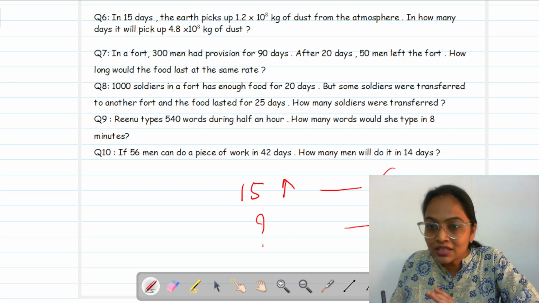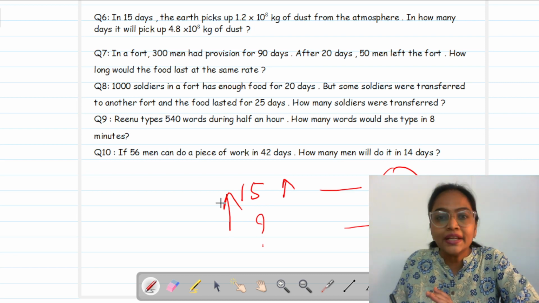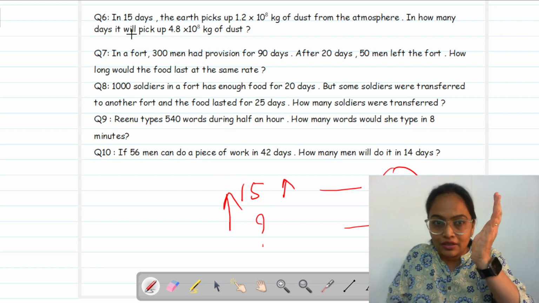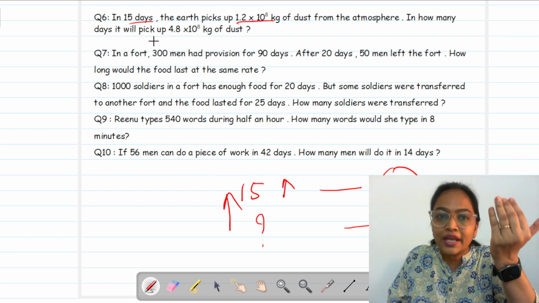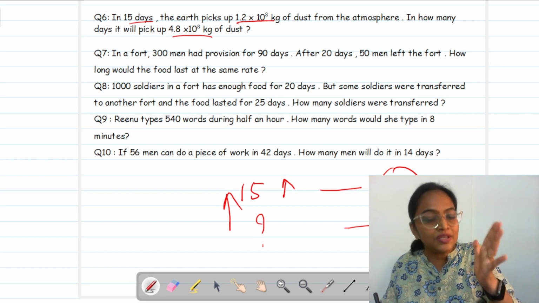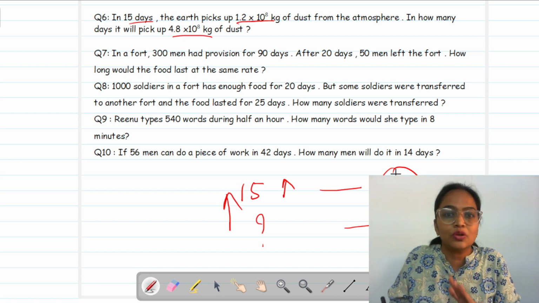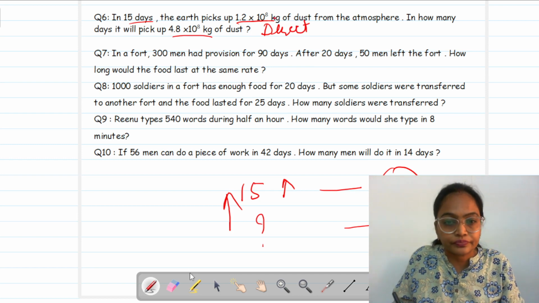Now see, this is increasing, right? So the number of days will also increase, because if 15 days are taken for this much dust, then if the dust is increasing, the number of days will also increase. That means if one quantity is increasing, the other will also increase. Case of direct variation.